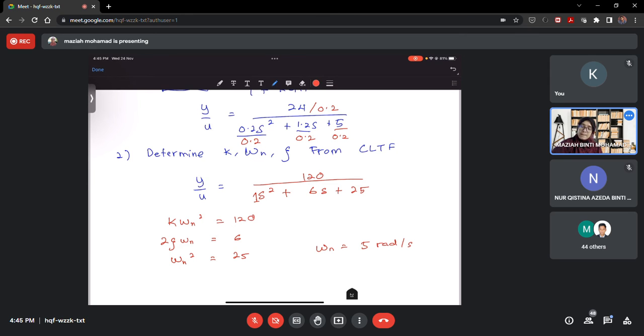Right. And then K omega n square is 120 divided by 25. Okay, berapa value zeta and K?